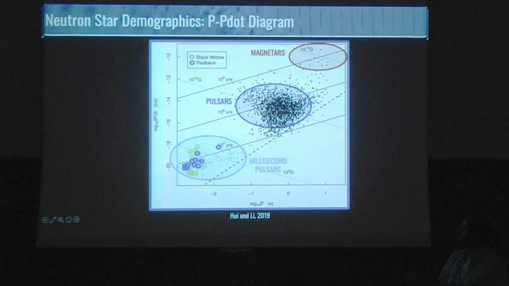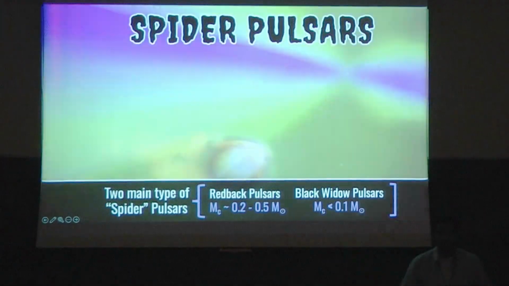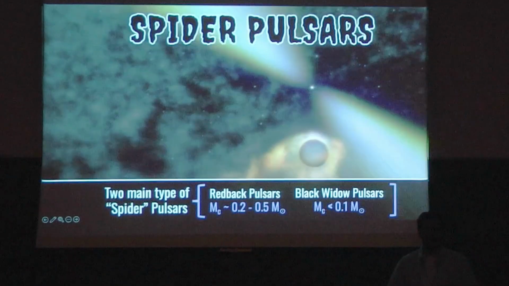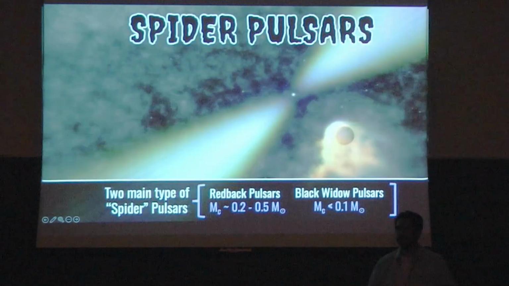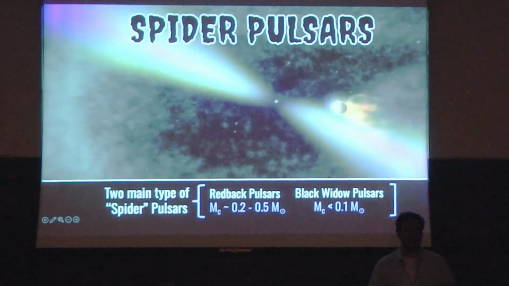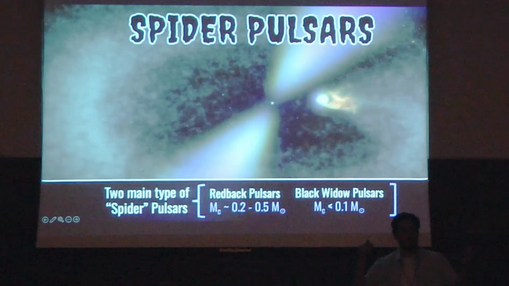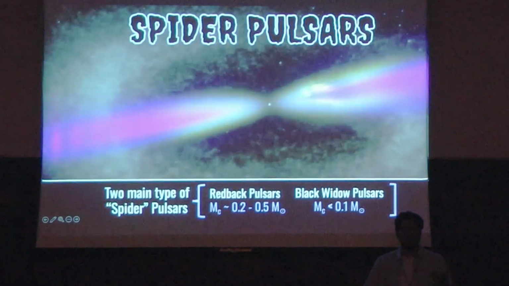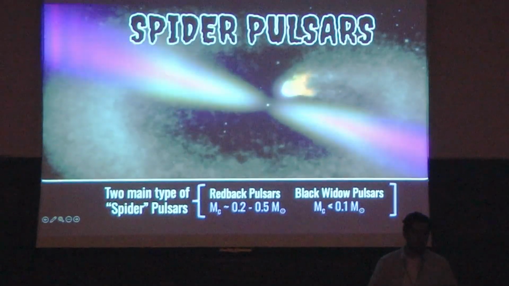So you have these little dots that are representing what are known as black widow and redback pulsars, which are a subset of spider pulsars. So spider pulsars are incredibly compact binary systems. They have orbital periods that are on the order of a day or less. So that means that they complete one full orbit in a day or less, maybe up to hours.